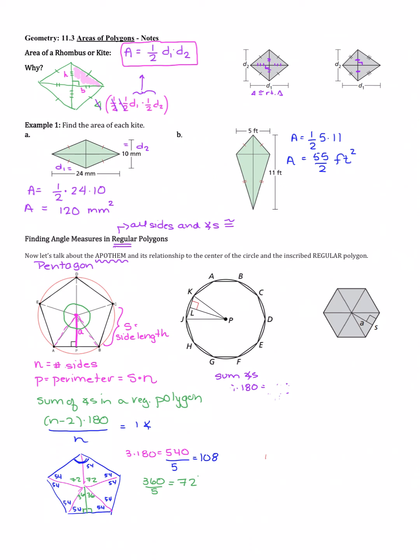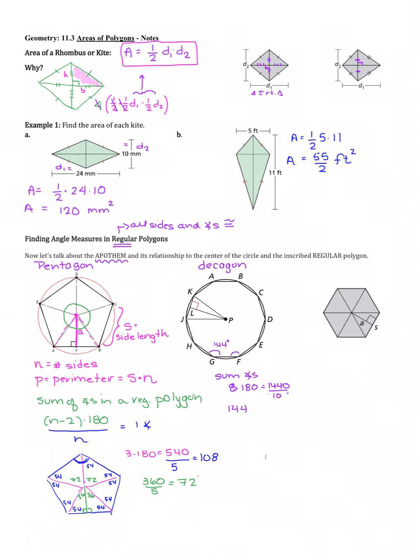All right, so this is going to be 10 sides, so this is a decagon. So I'm going to go 8 times 180. Much better. Which is 1440, but then we divide that by 10, evenly, because everyone gets the same. So each angle will be 144 degrees.